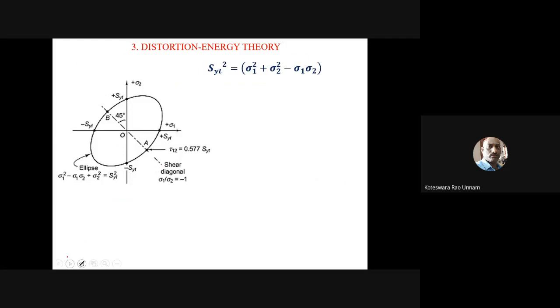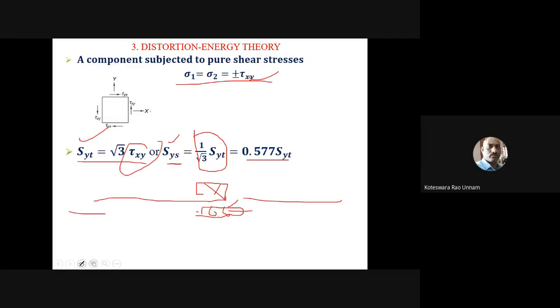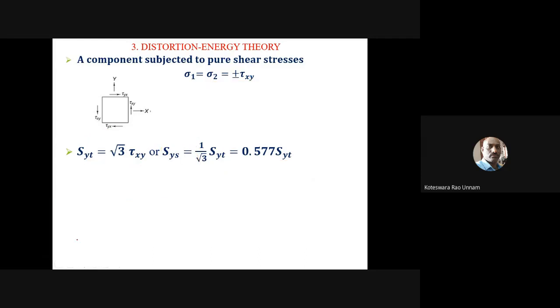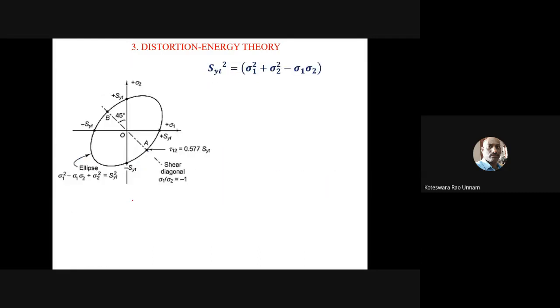If I plot the failure region for this, the equation is a second order equation, and if you simplify it, you can show that it is the equation of an ellipse.